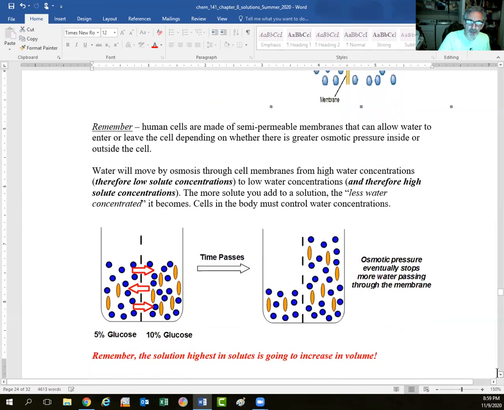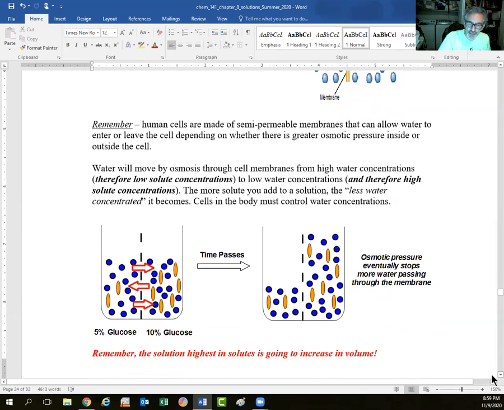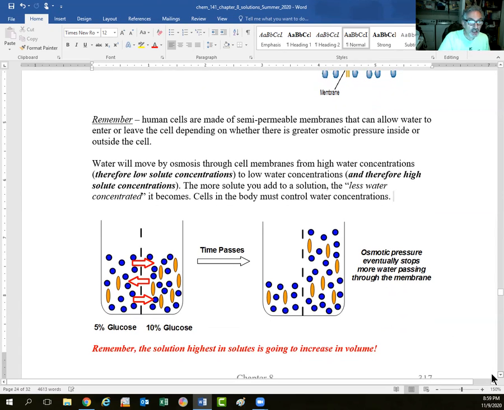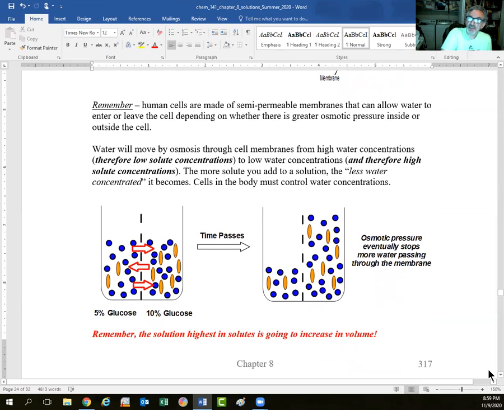Now, we care about this because our bodies are big bags of solutes in our blood plasma and other solutions in the body, and the cell walls of our cells act like semi-permeable membranes. And so we could see the movement of liquid water in and out of the cell depending on whether there was a difference in solute concentration.